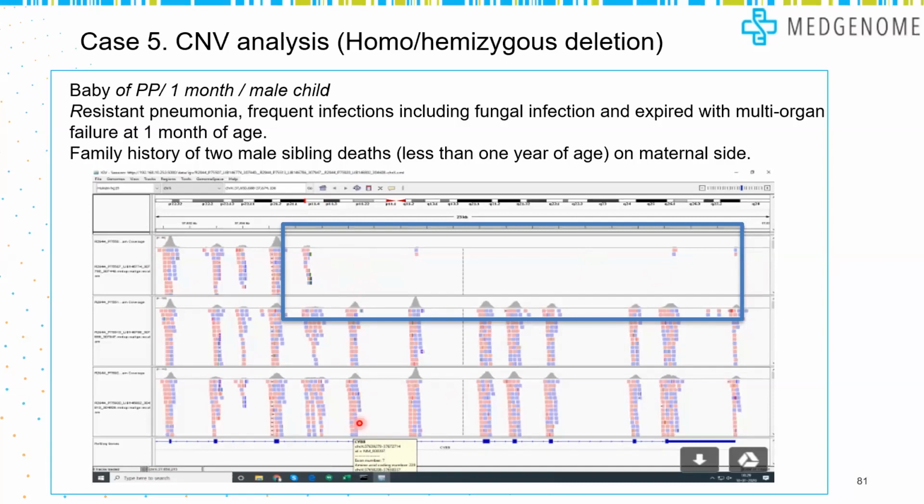When we compare it with 2 other samples simultaneously run in the same library preparation, we can see that this is not covered well. So we are confident in confirming that this is a hemizygous, sorry, this is an X-linked gene. So it will be a hemizygous deletion, but the same coverage can be seen for homozygous.